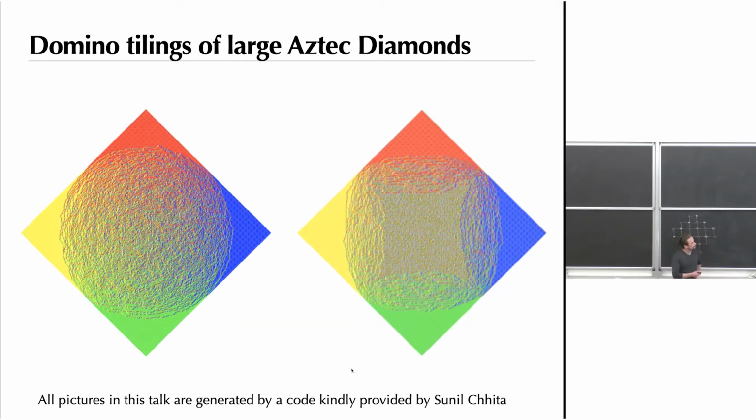But actually what I want to go to is the picture on the right, and I will introduce exactly how that is defined in a minute, but let's just have some fun and look at pictures. Here I also take an Aztec diamond, but now the weight on all the possible tilings is not uniform; there is something called a two-periodic weighted tiling.